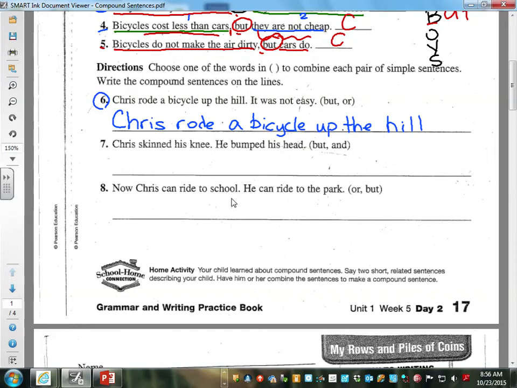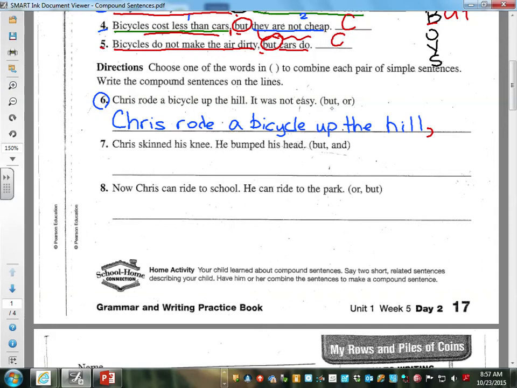I'm going to connect my second sentence with my first. In order to do that, what must I add first? A comma. Now I have to add something else before I can add my second thought. My but. What kind of word is that called? A conjunction.